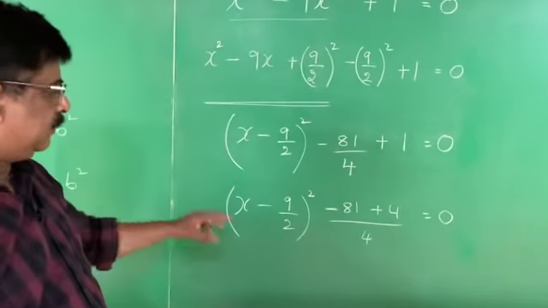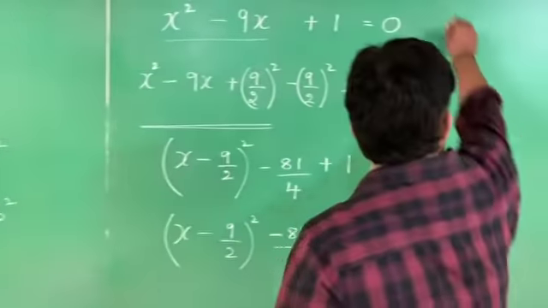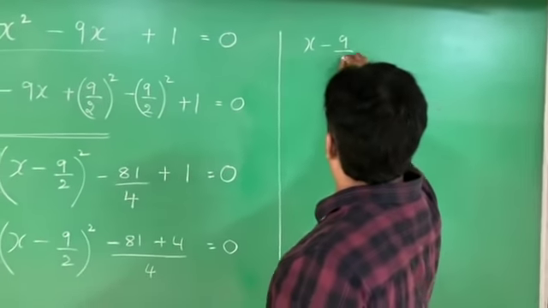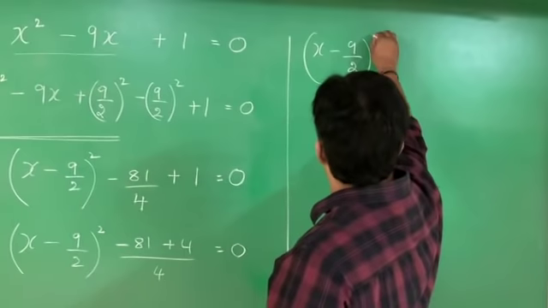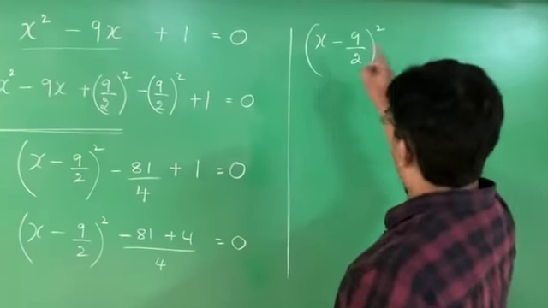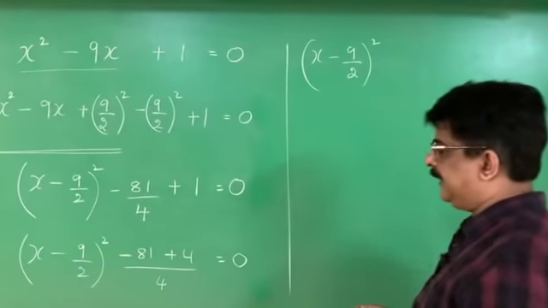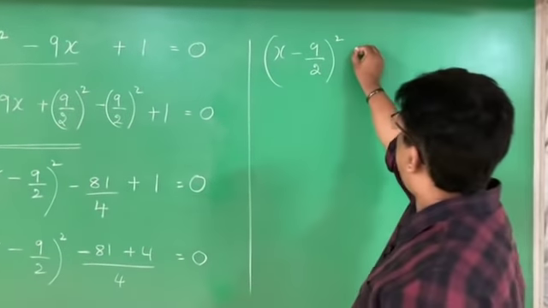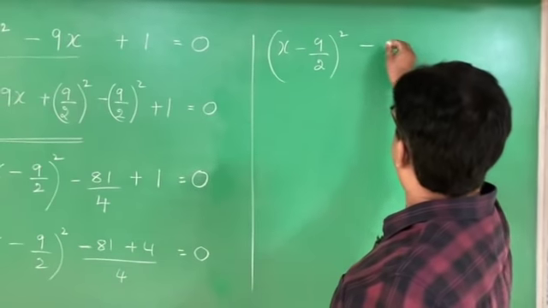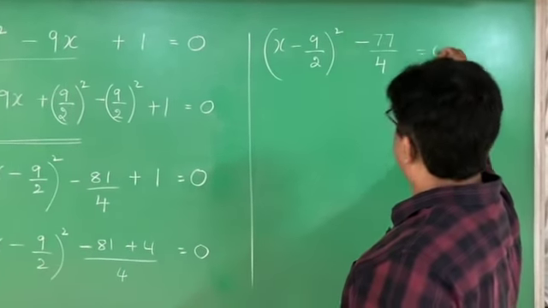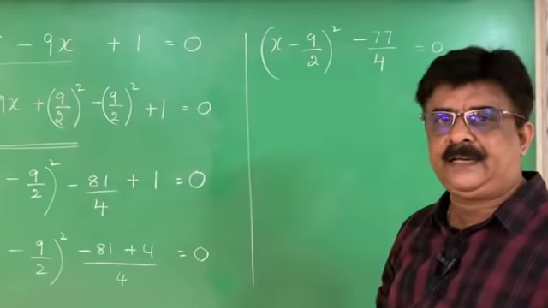Okay? Now this becomes minus 81 plus 4, which is minus 77 by 4 is equal to 0. 81 minus 4 is 77.